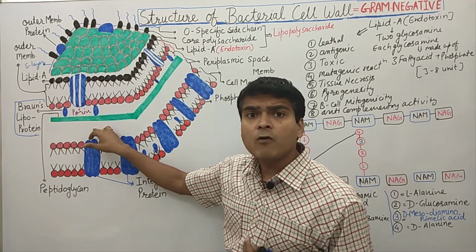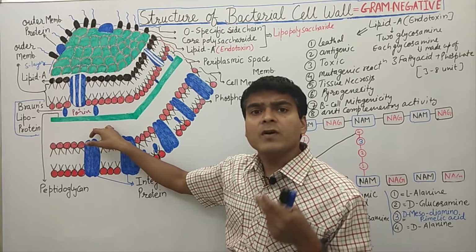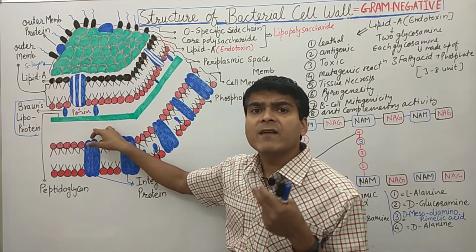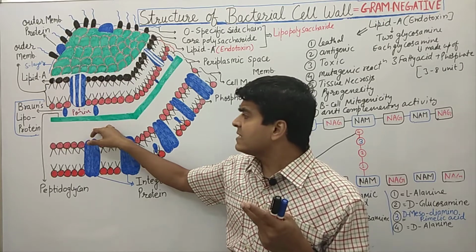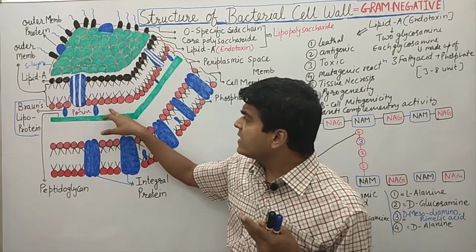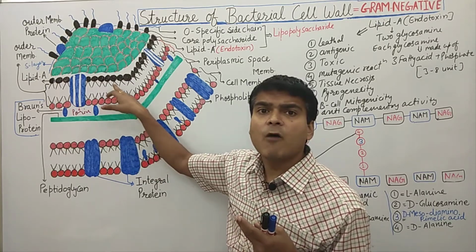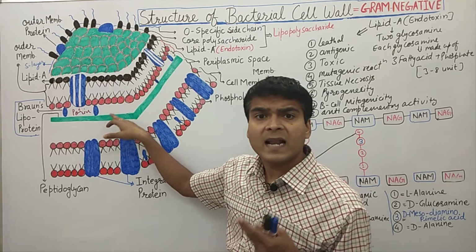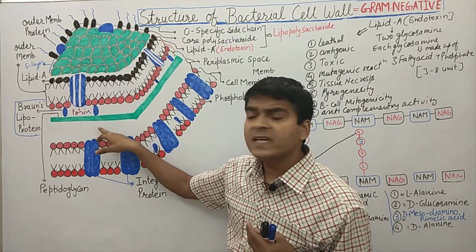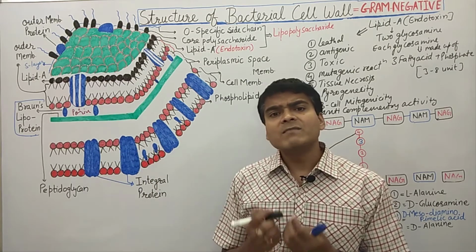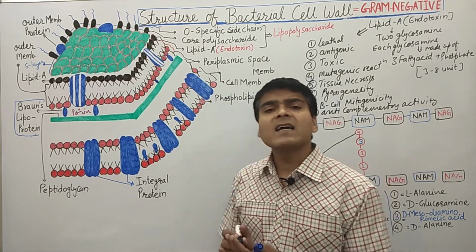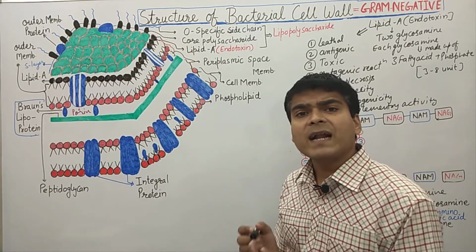So here we find periplasmic space in two places. The first is between the outer membrane and the peptidoglycan, and the second is between the cell membrane and the peptidoglycan.